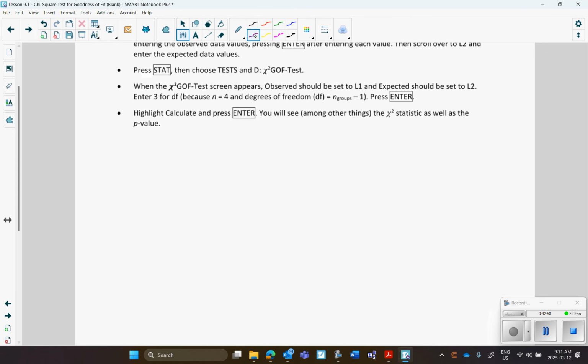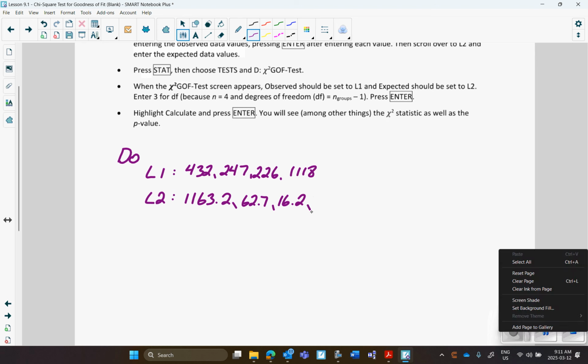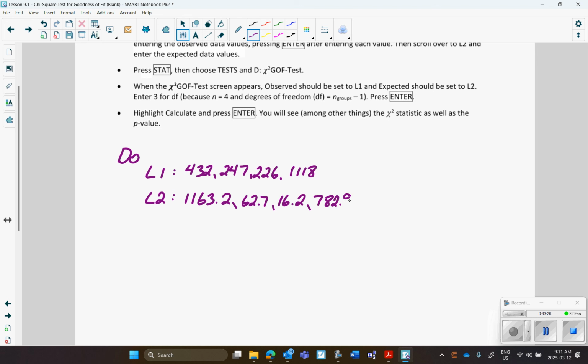So under the do phase, let's say, I'm going to L1, I'm going to enter these. L2, I'm going to enter these. I'm doing a chi-square goodness of fit test.